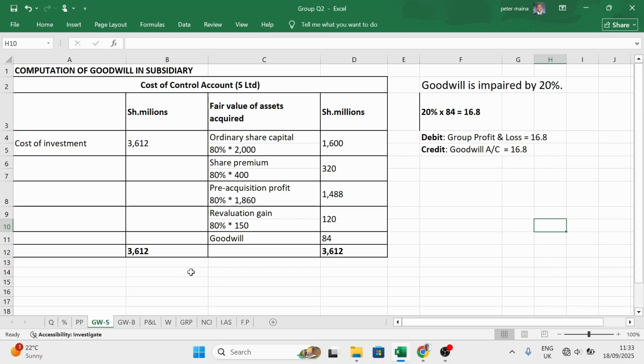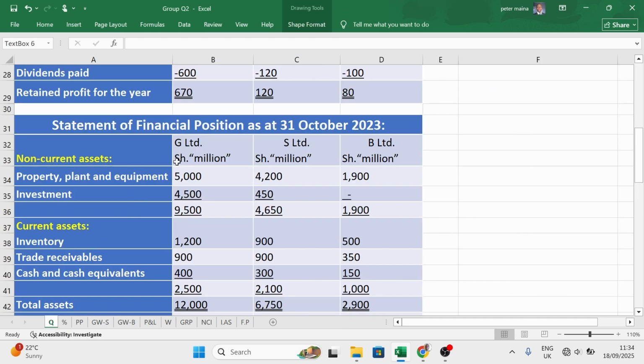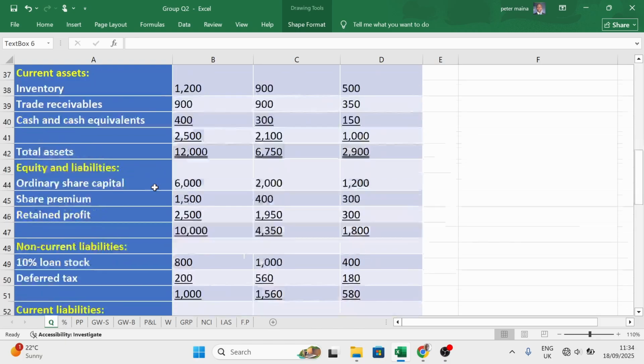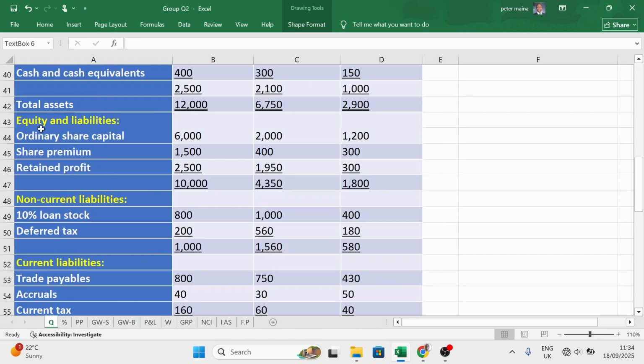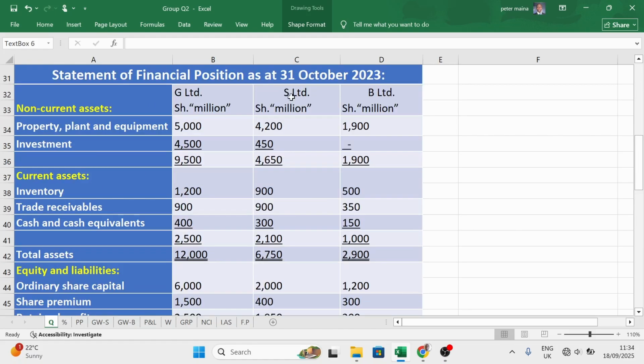In the partial goodwill method, we normally take all items classified under equity, we multiply by the share of the parent. So items classified under equity, you can go back to the question, you go to the statement of financial position, under the equity section, take all the items shown there, you take from S Limited.